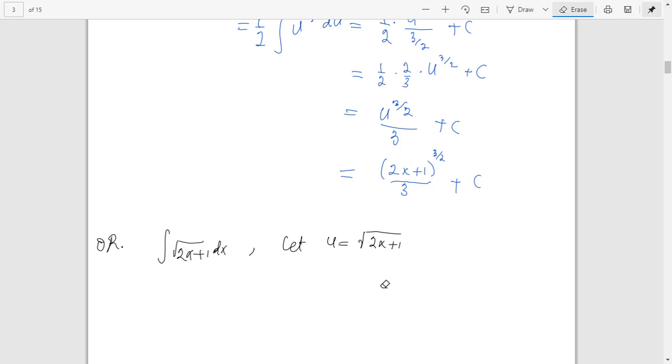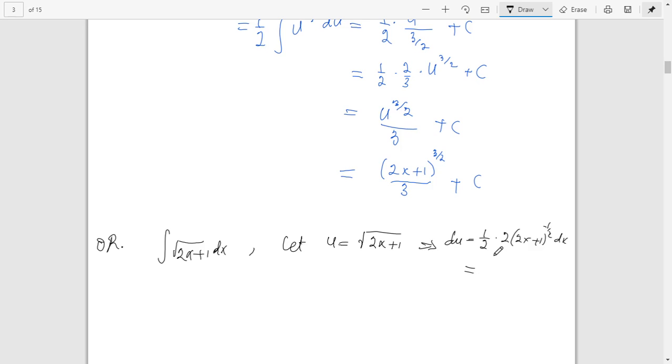And then what is going to be our du? If we differentiate this, this tells me that my du is going to be equal to, I'll get 1/2 first when I differentiate the square root. If I differentiate 2x, I get 2. Then I'll get 2x plus 1 to the power of 1/2 minus 1, which is negative 1/2, dx.